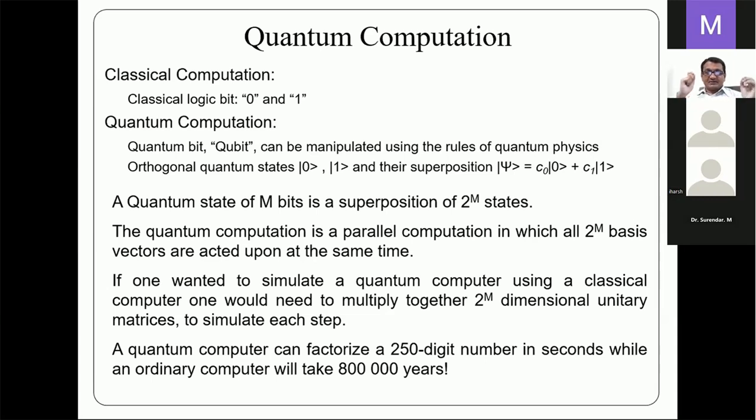A quantum computer can factorize a 250-digit number in seconds, while our ordinary computer requires how many years? You can read, 8,000 years to factorize a 250-digit number, right? Are you getting, all of you? Now, my question to you. I will be happy if one of the professors can answer my question.